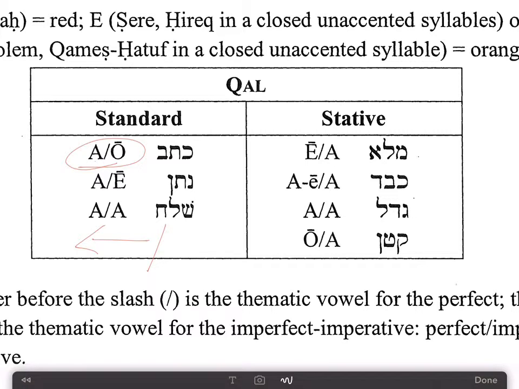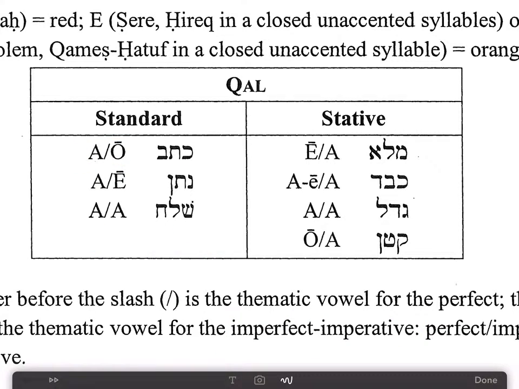So this is the theme vowel, the R2 vowel in the perfect. Anything on the right side of the slash is going to be for the imperfect and imperative. And when we say it's for the imperfect and imperative, what we're looking at is the theme vowel for the imperfect and imperative.